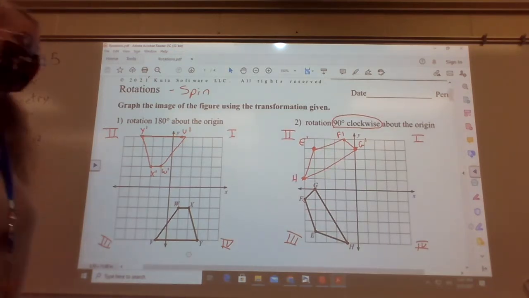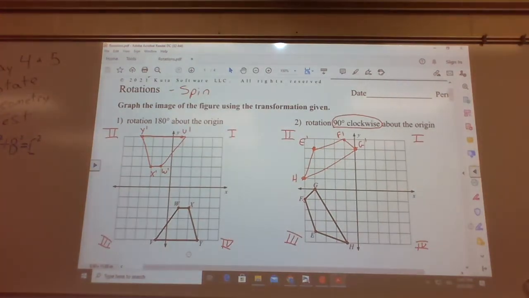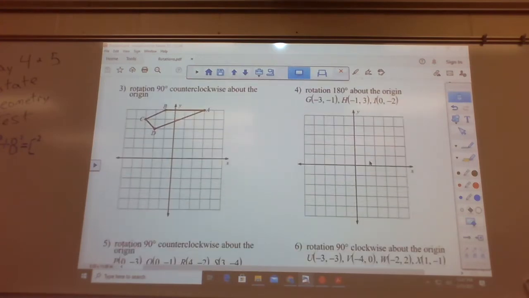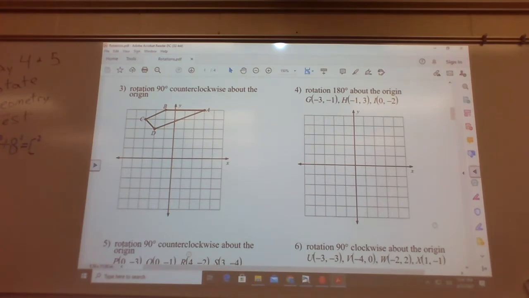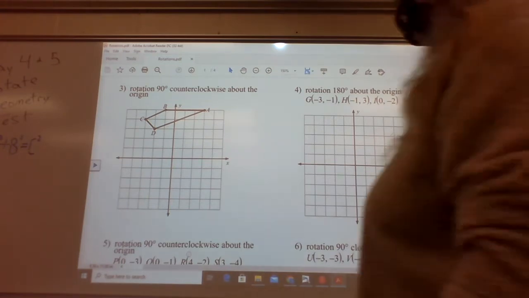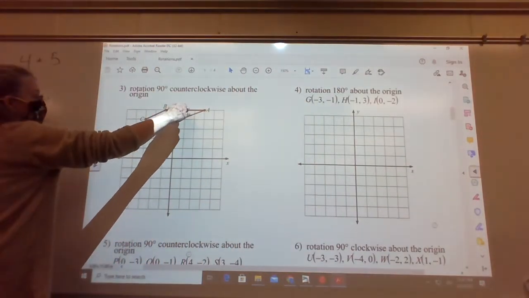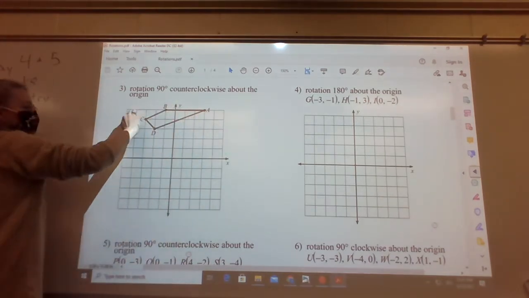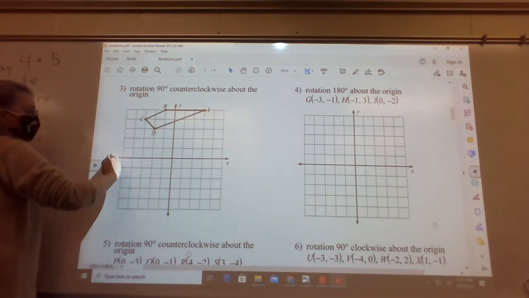Number 3 is a counterclockwise. So let's look at a counterclockwise. Now I'm going the other direction. So now I'm spinning this way against the clock.